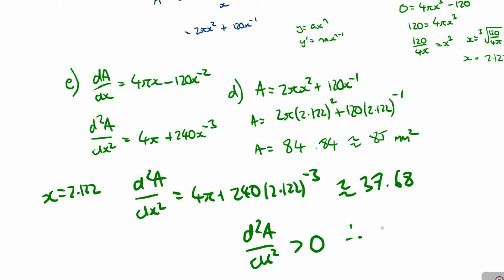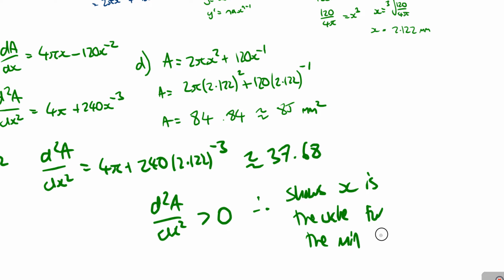So therefore it shows that x is the value for the minimum. Therefore A is the minimum. And that's it. That's all you had to show for this question.